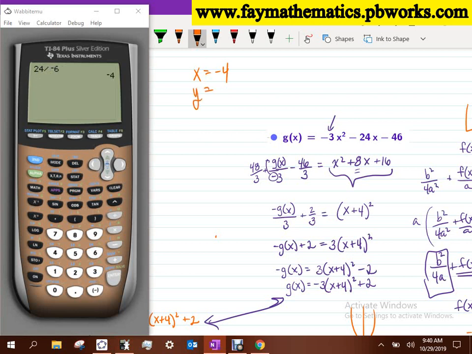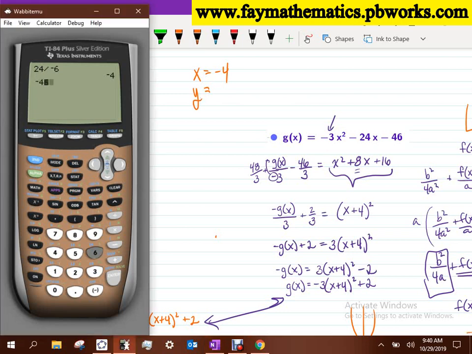Now I'm going to find my y-coordinate. Well, my y-coordinate said it was c. So c in this case is negative 46 minus b squared. Well, b is negative 24, so I'm going to square it. I don't really care that it's negative. So b squared over 4a.